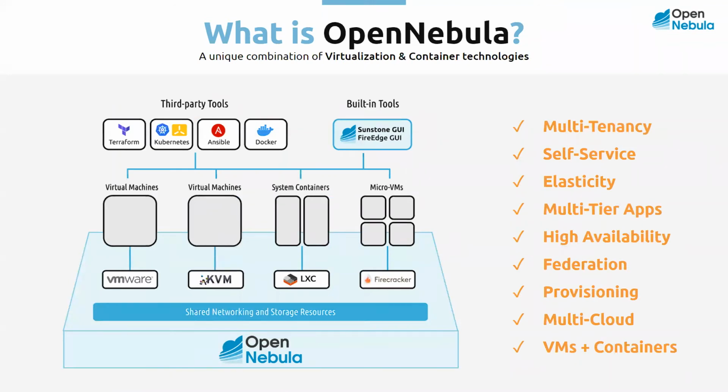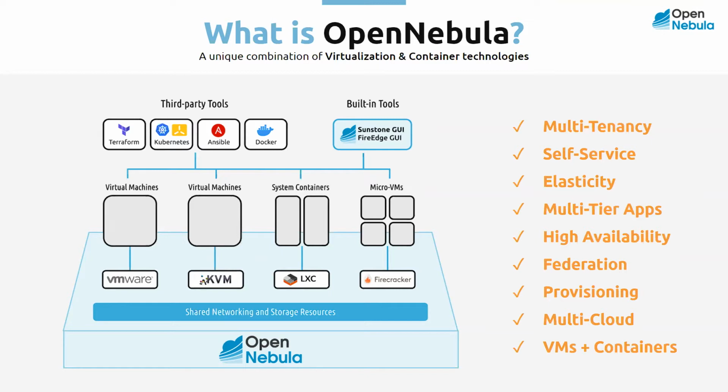In this slide, we have a high-level view of the OpenNebula architecture. You can see all the different types of virtualization that we support. We have VMware vCenter, support for VMs in KVM, Firecracker micro VMs, and LXC system containers.